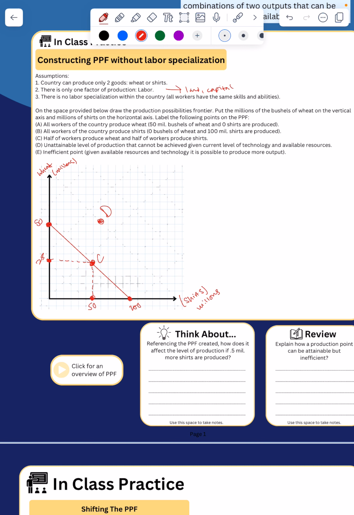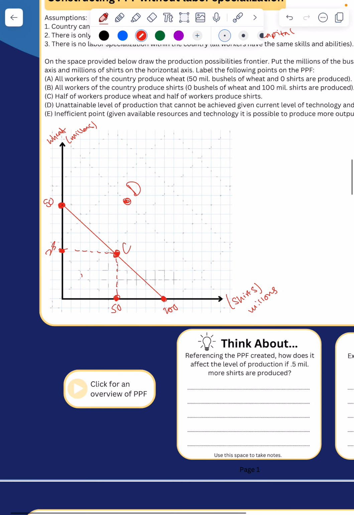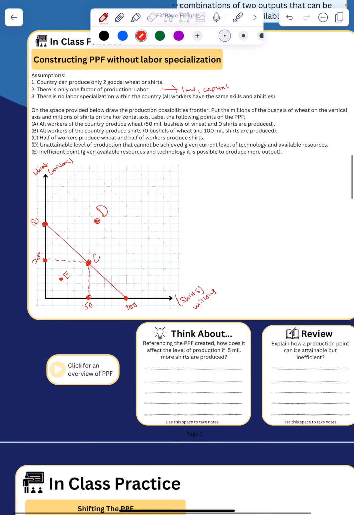An inefficient point, which is possible, would be somewhere around here. It is inside the production possibilities frontier, which means, yes, it is possible, but we would still have leftover resources, which means we are not maximizing our production and therefore maximizing our profit in the economy.